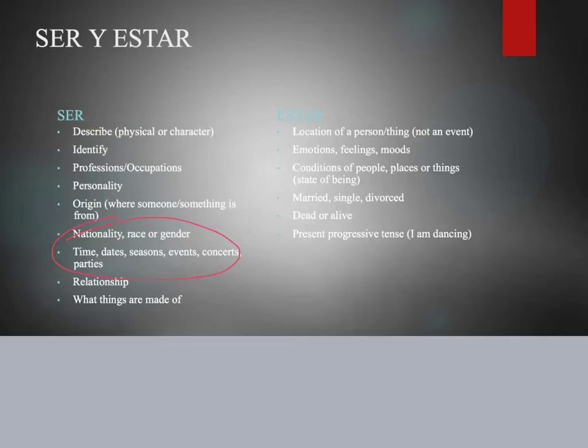So for example, when I talk about time, I say son las 8 de la tarde, etc. But I'm going to always use ser. I would never use estar. If I ask you the question, ¿cuál es la fecha? Of course, I'm asking it using the verb ser, to ask the date.